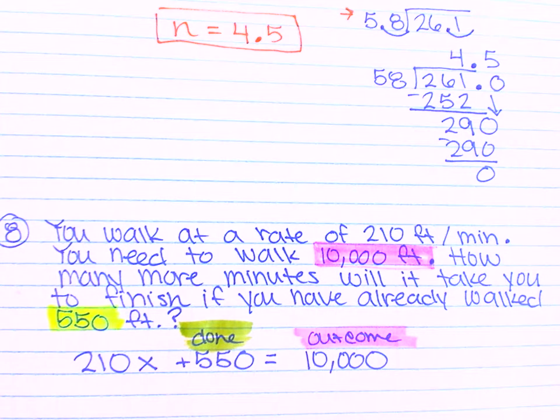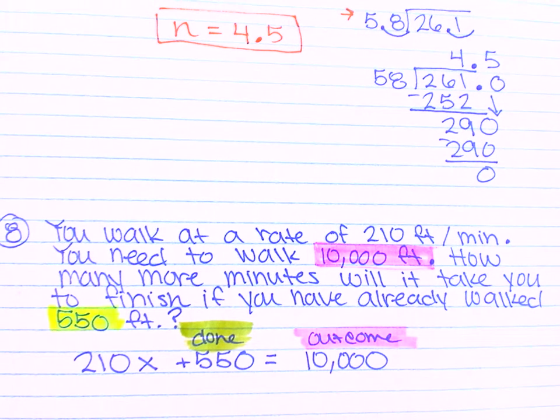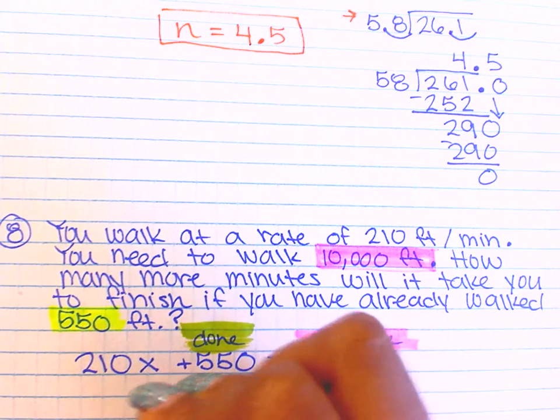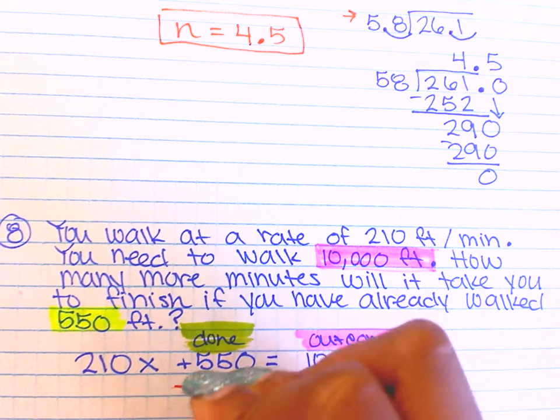All right. So you set up the equation. Now we can solve. I walked 210 feet per minute, and I've already walked 550 feet. So how many minutes, x, is it going to take me to walk that 10,000 feet? Now it's simple. I'm going to add or subtract from both sides first. I'm going to subtract, the opposite of addition.